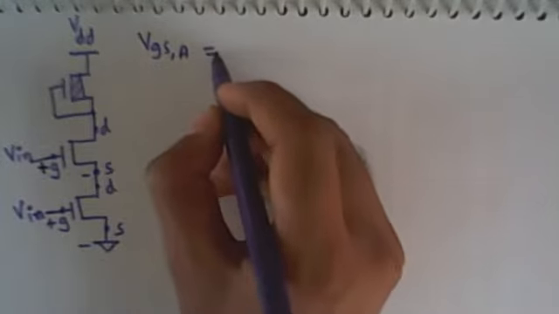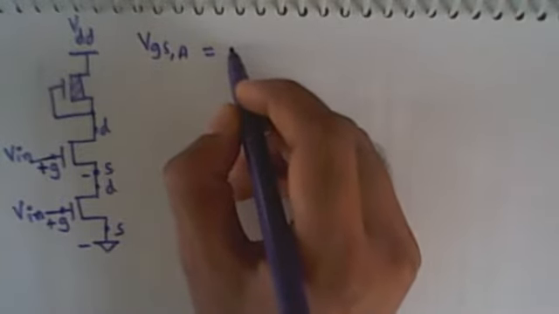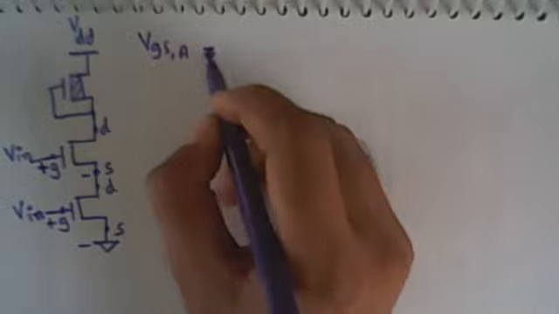So here it is VGS of B, and between the input and ground, the VGS of A. Suppose the input is supplying a common input, V in, right?